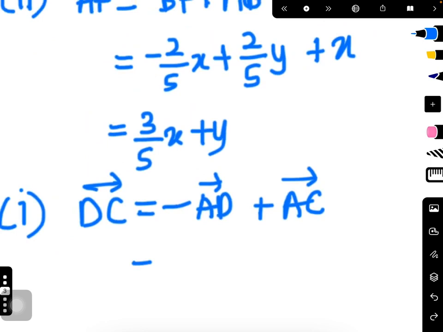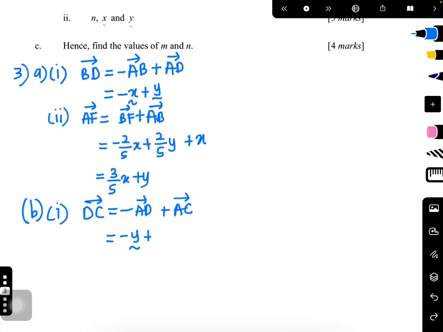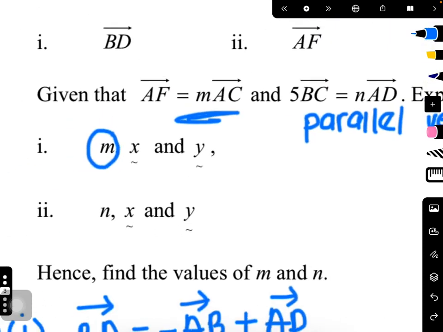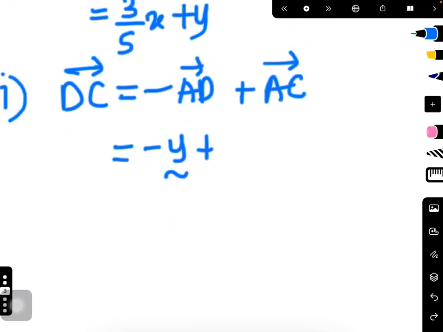We have the vector AD, it is negative 1, plus, what is AF? Where is AC? AC is AF, we can evaluate it from this. AC equals AF over m. We don't need to find the value soon.